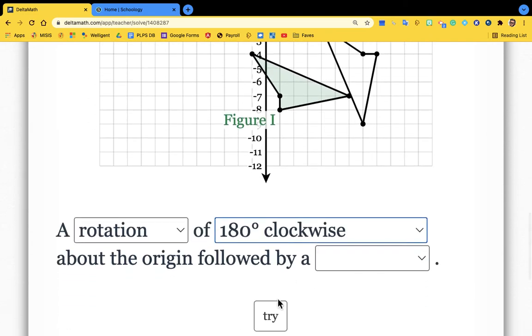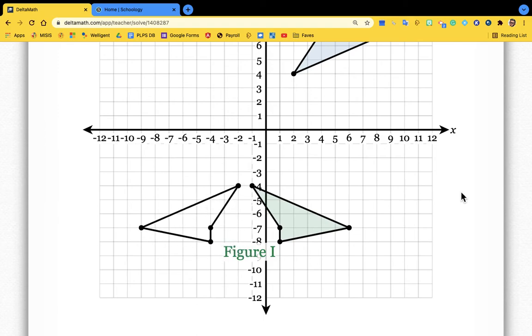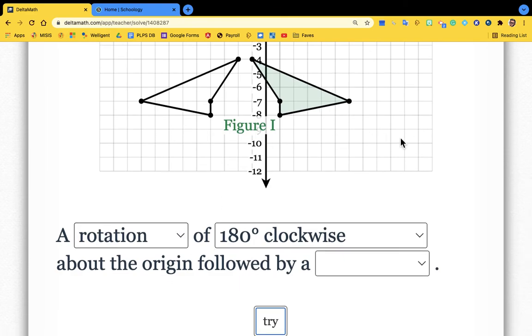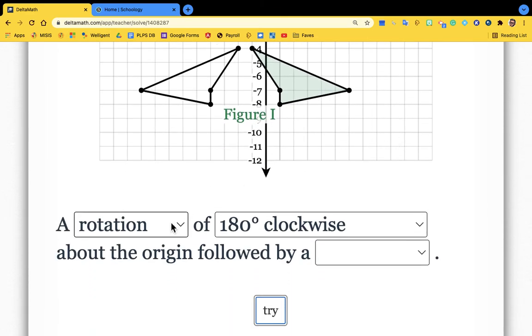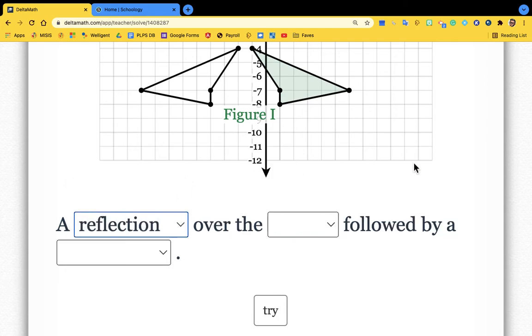Let's just experiment and see what that does. Well, kinda, right? But look, the reflection would be here, and there's no reflection on there, so I guess it's not a rotation. So let me try a reflection maybe.